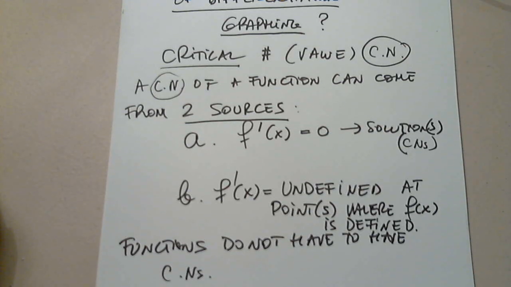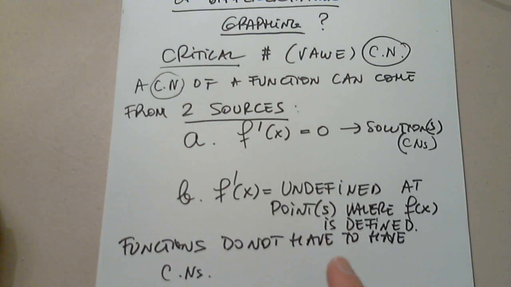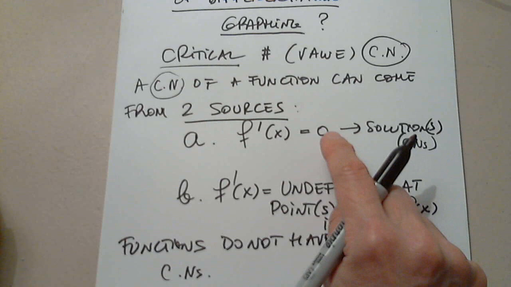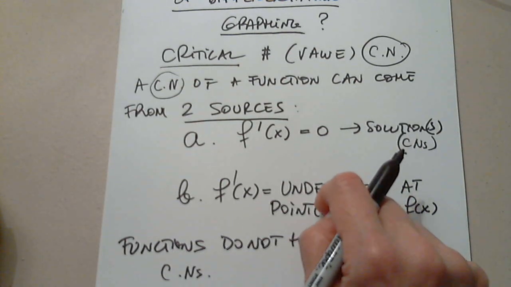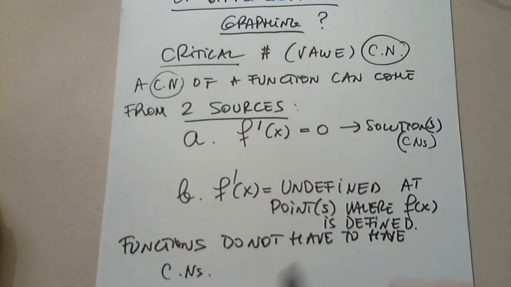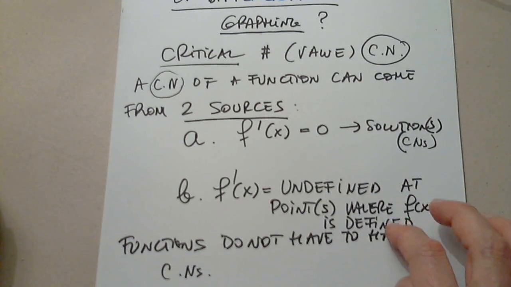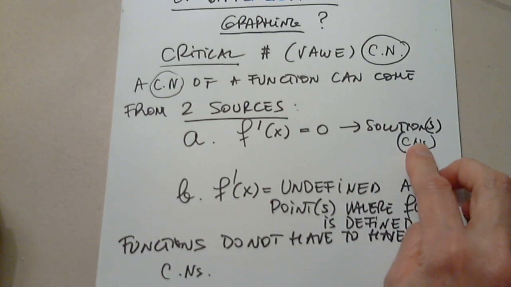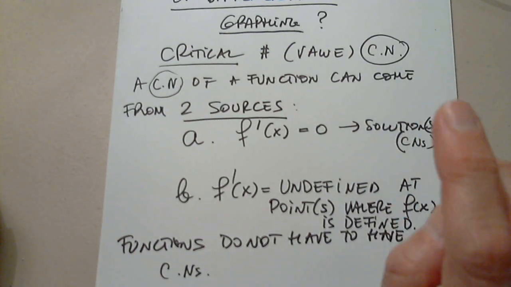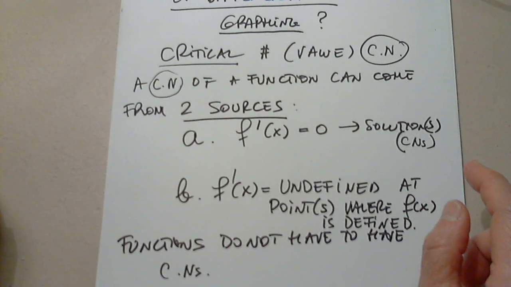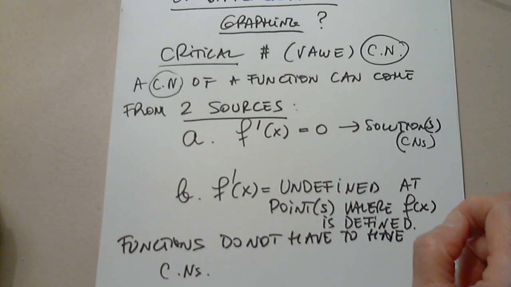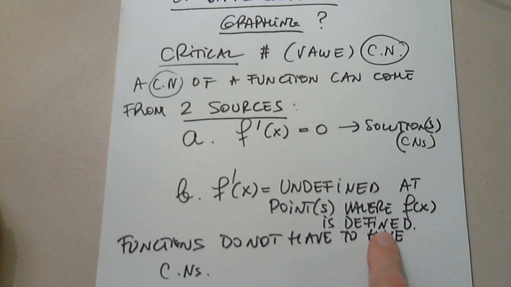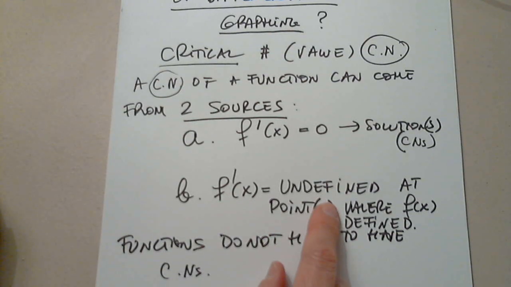That's a mouthful. What does it mean? And I want to give examples from both in a minute. The function has to be defined at a point where it has a critical number. So if the function is not defined at x equals 1, we don't care that f prime is undefined at x equals 1.